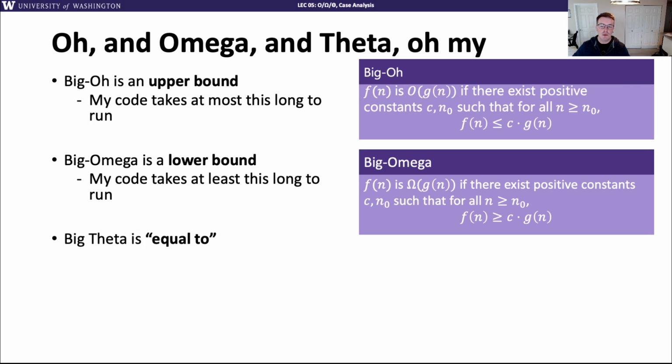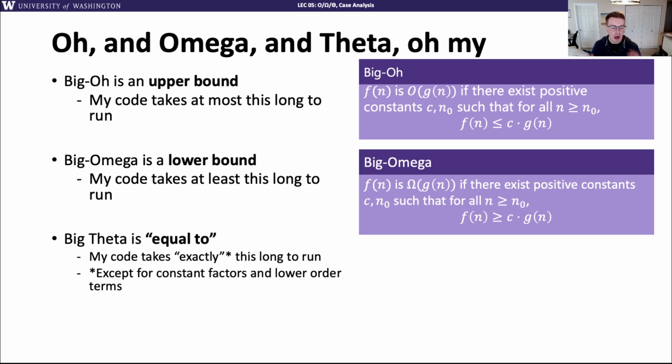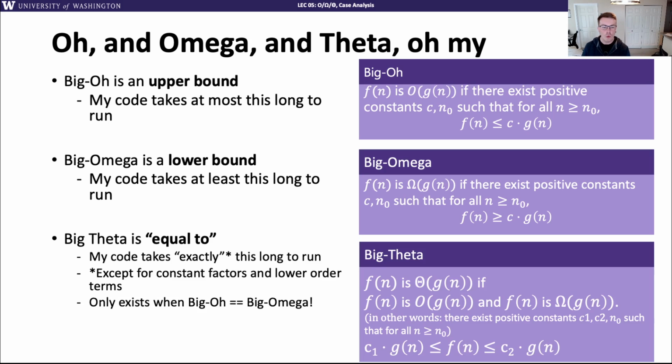And if those two agree, we can talk about a big theta. Big theta is equal to. You can think of this as saying my code takes exactly this long to run, but with all our caveats from asymptotic analysis that we ignore constant factors and lower order terms. This only exists when big O and big omega agree.